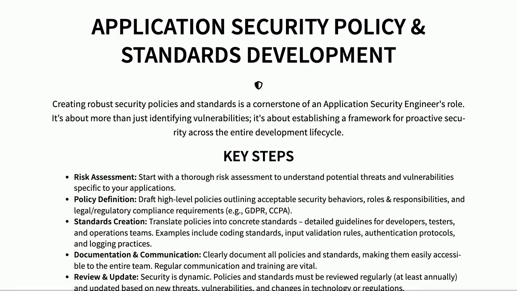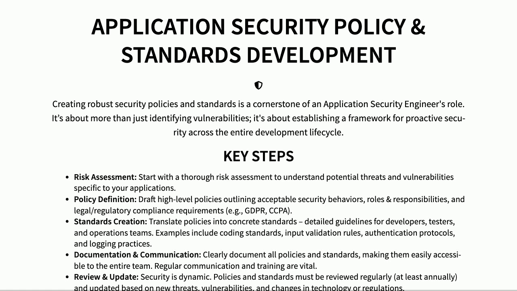Let's talk about building a solid security foundation, specifically creating application security policies and standards. It all starts with understanding the risks you're facing. You need to do a real deep dive into what could go wrong. Then, you start drafting your high-level policies, basically stating what's acceptable and what isn't from a security perspective.